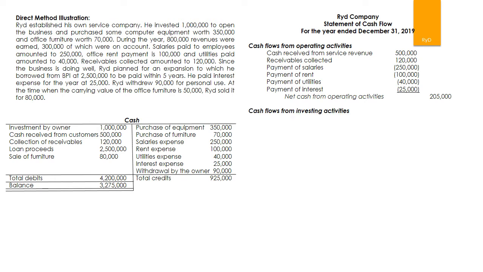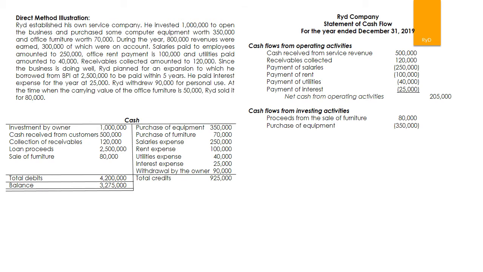Then, we proceed with our cash flows from investing. So, we find our investing activities in our SFP, non-current asset portion. In our T-account, class, what affects the non-current assets? This sale of furniture at 80,000, the proceeds of our sale.